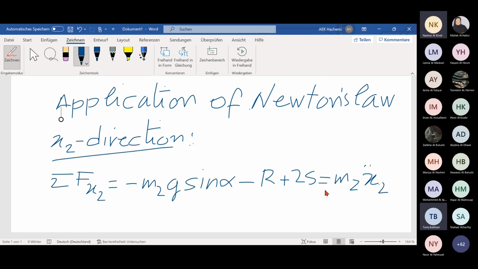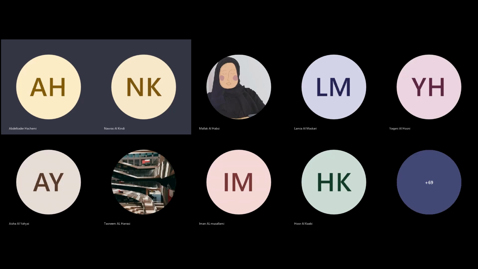This is the equation when I use the equilibrium of the forces here. When you look, the problem I have to return back. It's not easy, to be honest with you.